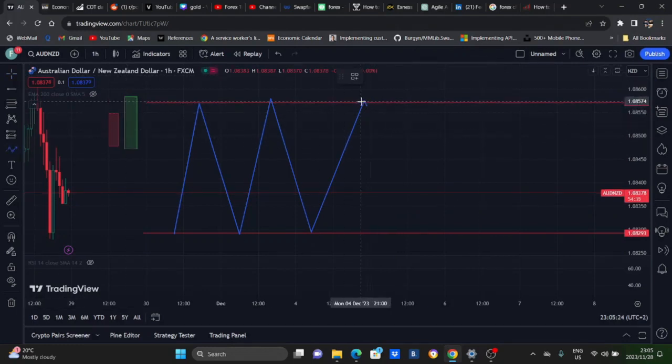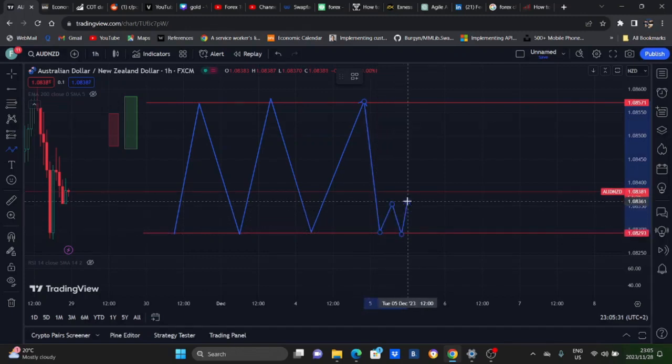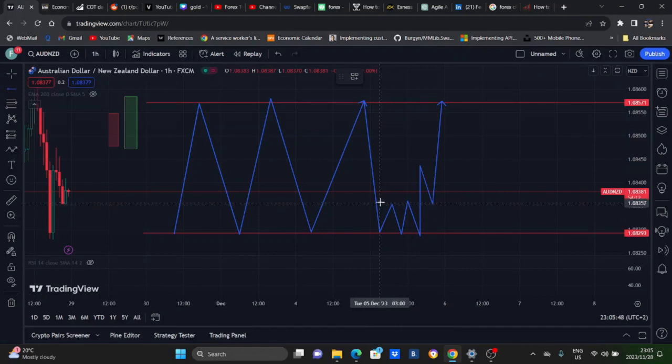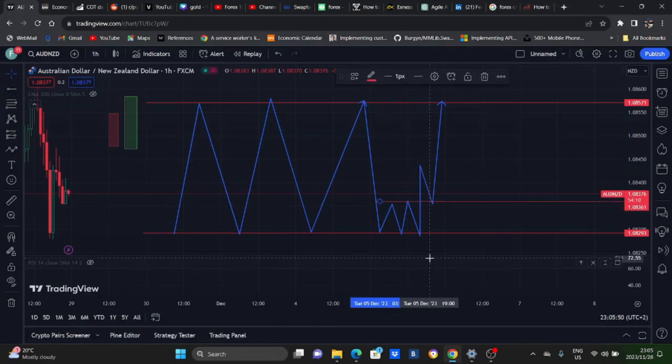So the price comes here, does a double bottom or maybe a triple bottom, it doesn't matter, as long as we are focusing on the neckline, right? And then the price breaks the neckline and bounces and pushes up. This is a retest of the triple bottom, sorry.